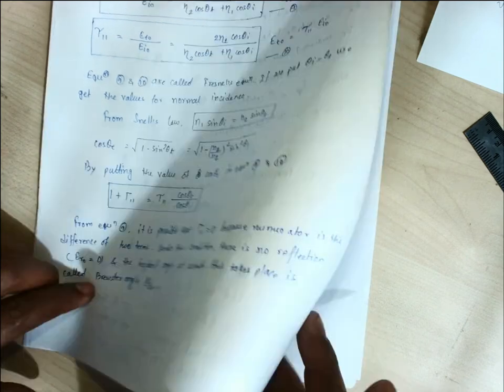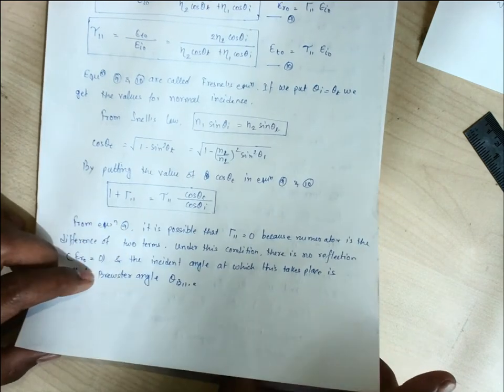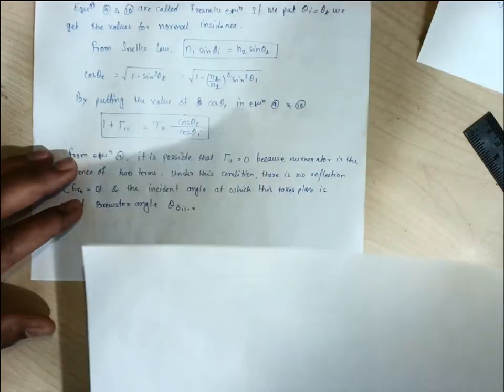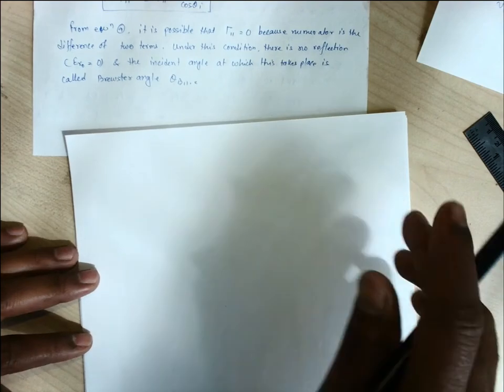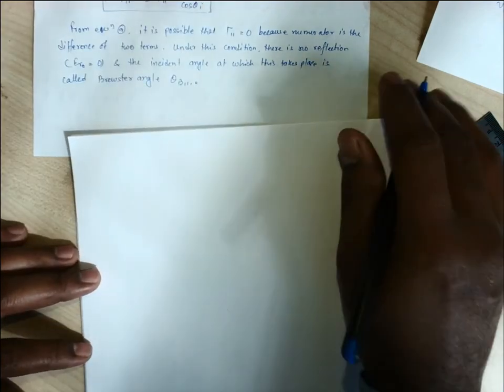So if we are supposed to find the expression for this Brewster angle, we need to put gamma parallel equal to 0.